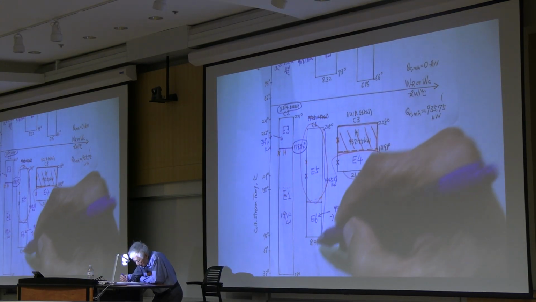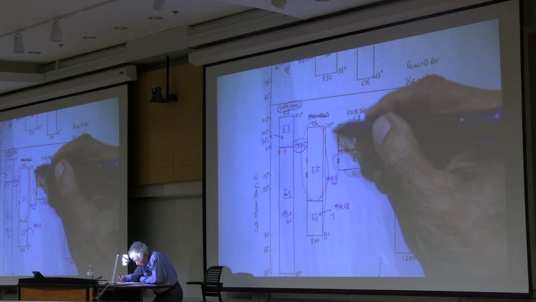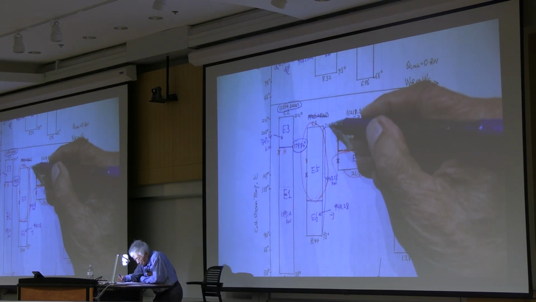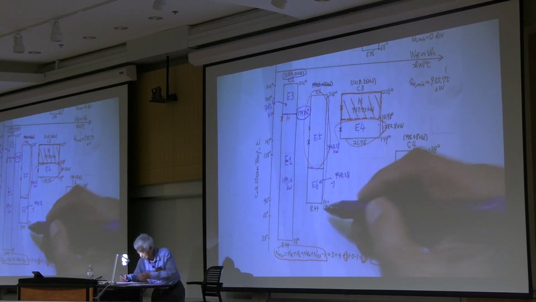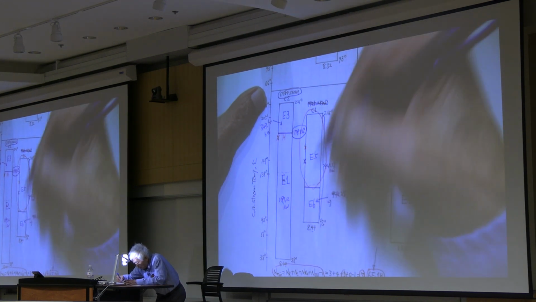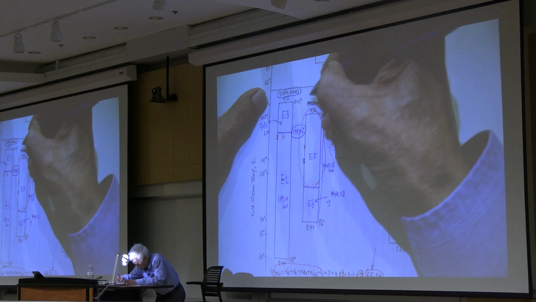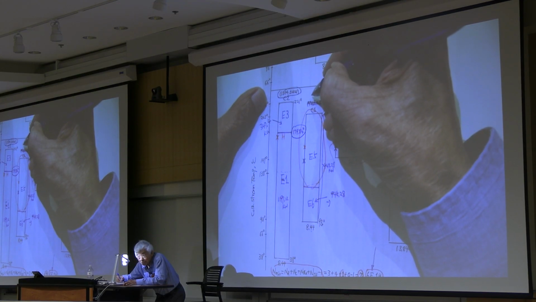Tell me 8.44 times 205 minus 93. Give me the number. 8.44 times 205 minus 93. What's the number?